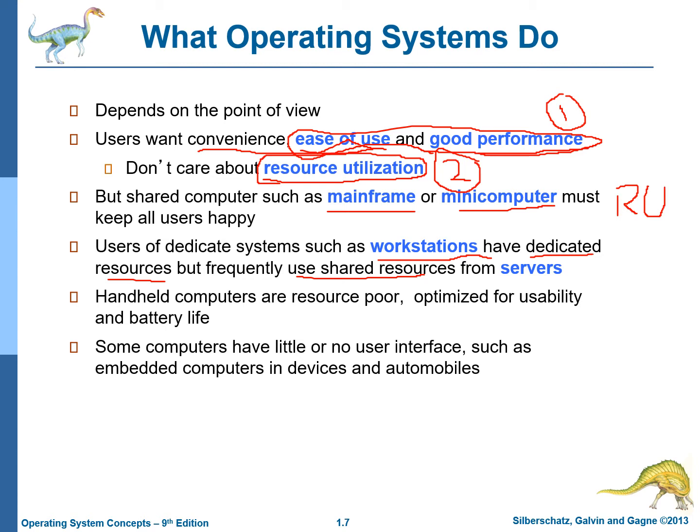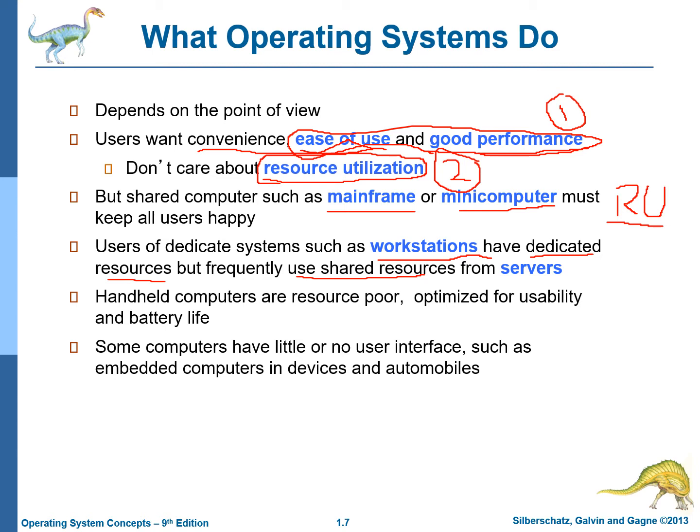If you take a mainframe computer, all the resources are shared. But in a workstation, it has a few dedicated resources and a few shared resources. So here the objective of the operating system will be something in between the two. It tries to provide reasonably good performance, ease of use, or good user experience, and at the same time it tries to optimize the resource utilization.